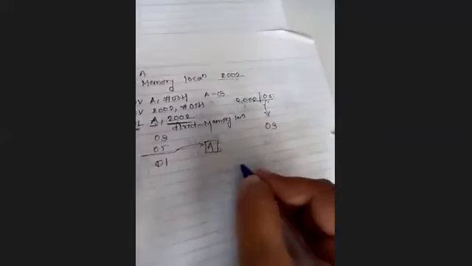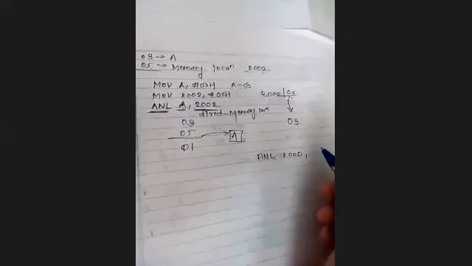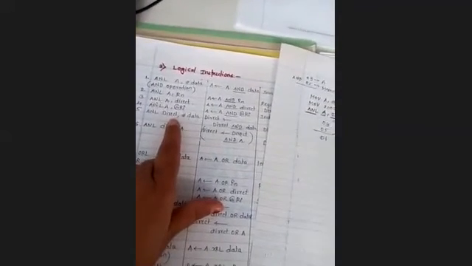There is another way I can write it using this fifth instruction: ANL direct, meaning the memory location value, for example 0000, and hash 03h.